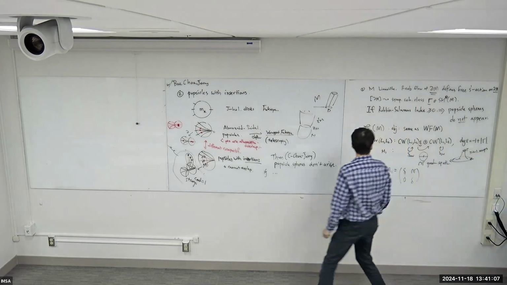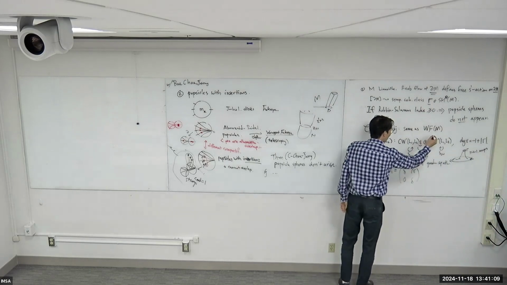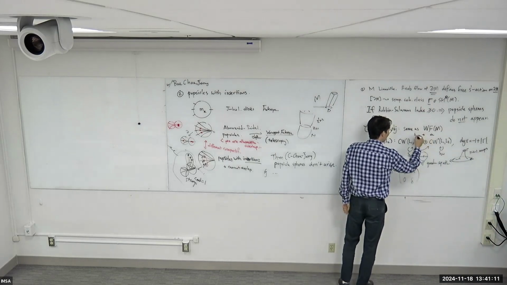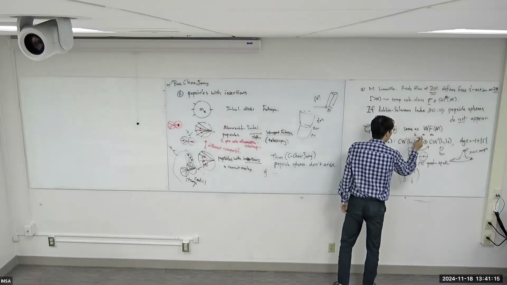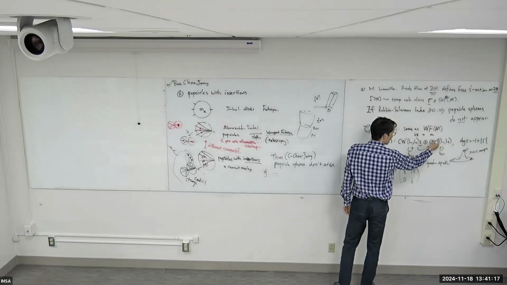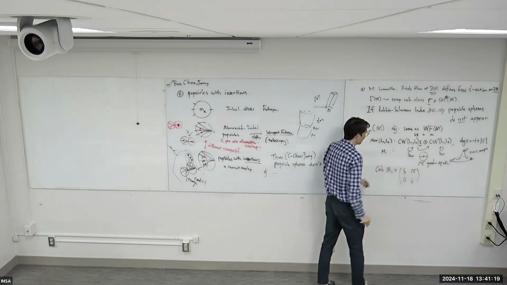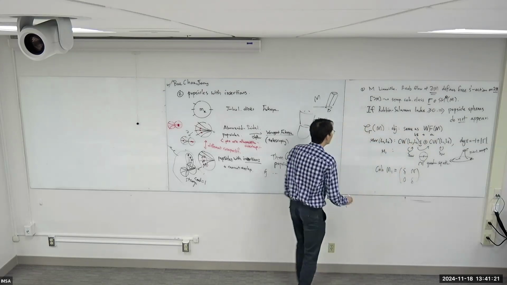Okay, and so if I write an element here as A plus B epsilon, there is a standard component and an epsilon component.